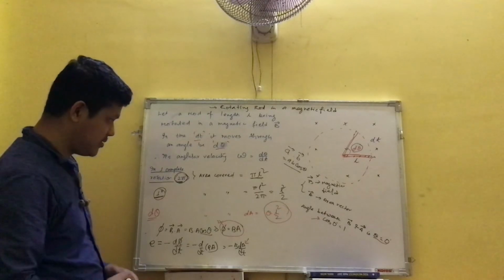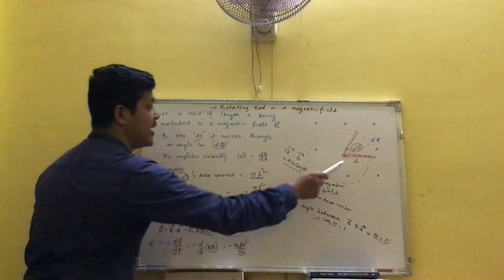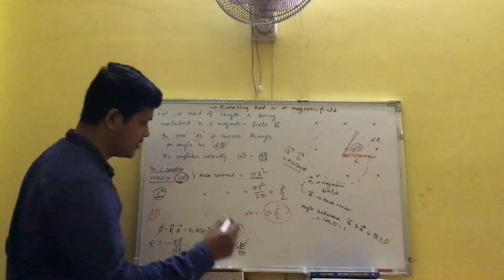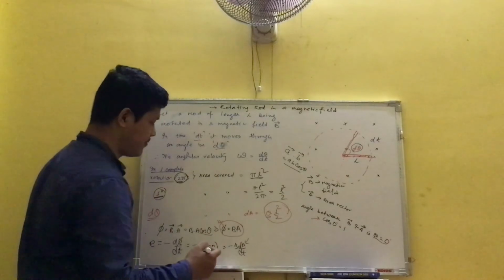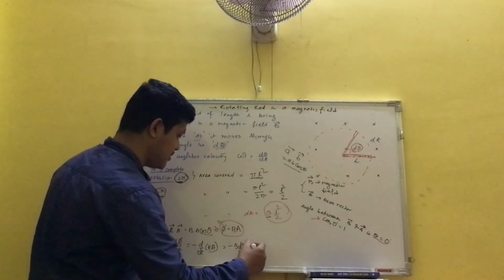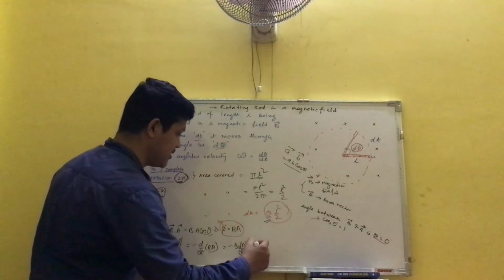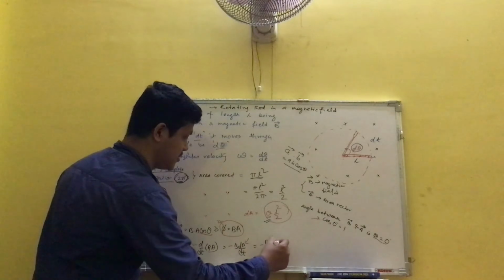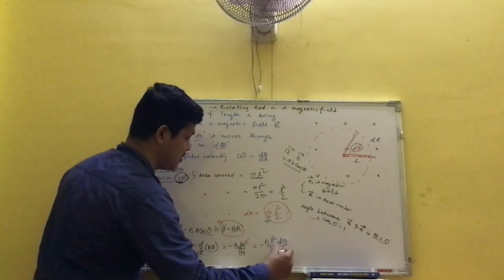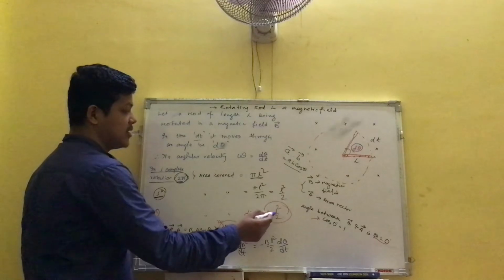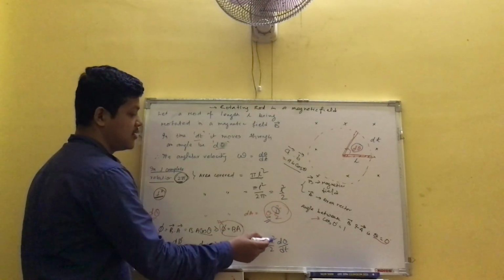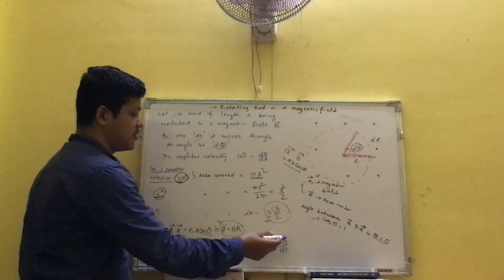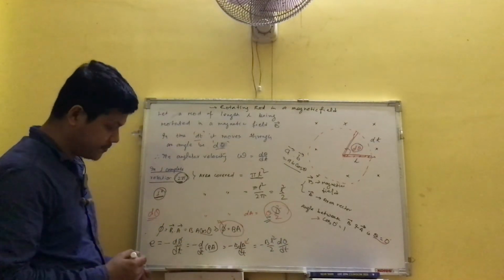In this case the length L of this rod is fixed, so the variable is theta only. If you replace dA by this value, you will get minus B L square by 2 d theta by dt, because L is fixed, so you can take it out of the derivative.